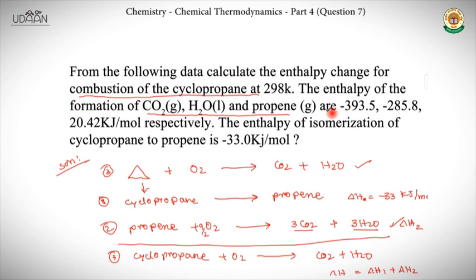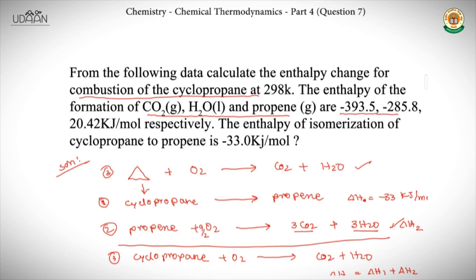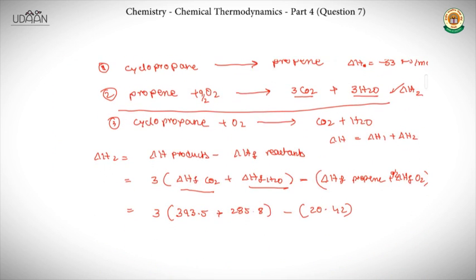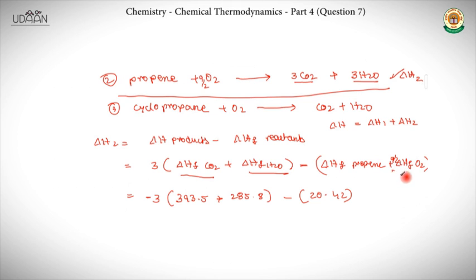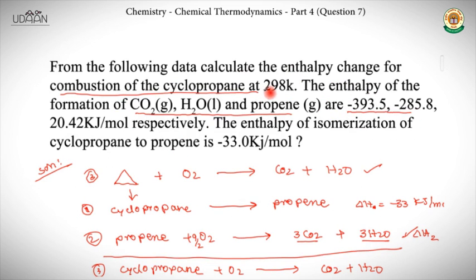See here, they gave enthalpies of formation as negative terms: minus 393 and minus 285. So these are negative. And usually while solving problems, we take the enthalpy of formation of oxygen as 0. So remember this thing.